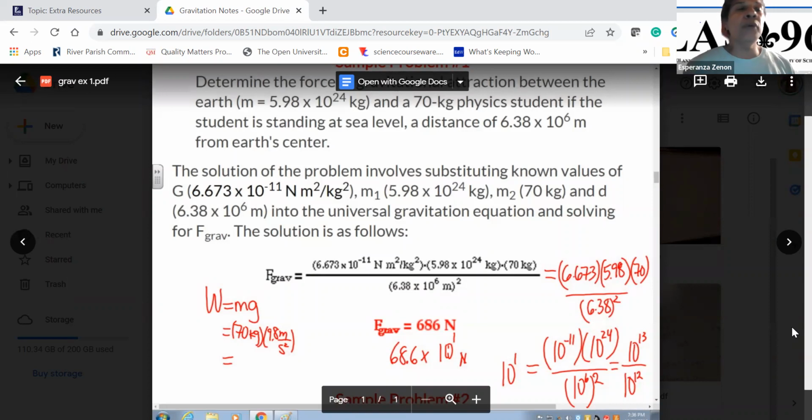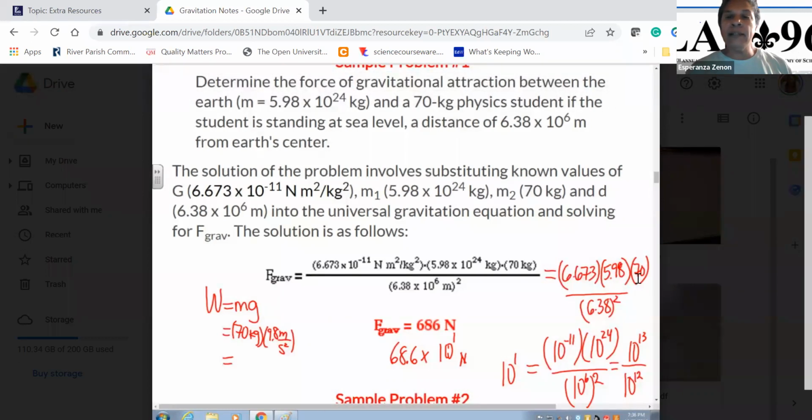If you have one of those fancy scientific calculators, the only thing I'll tell you is you have to be very careful how you group things in the calculator, or it will give you an incorrect answer. I don't use one of those fancy calculators, so I have to take the numbers and do them alone. You can see here, it equals 6.673, 5.98, and 70.